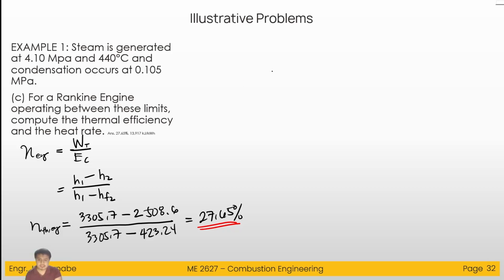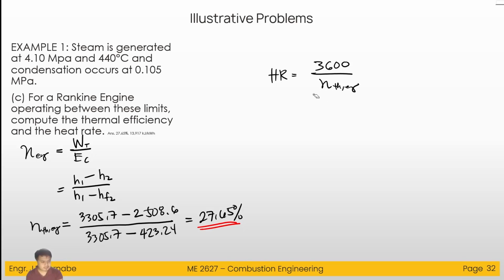And then moving on, you have the heat rate. The heat rate is just equal to 3600 over the thermal efficiency of the engine. Ideal, so since it's only ideal, that's all. The heat rate is what we're looking for.